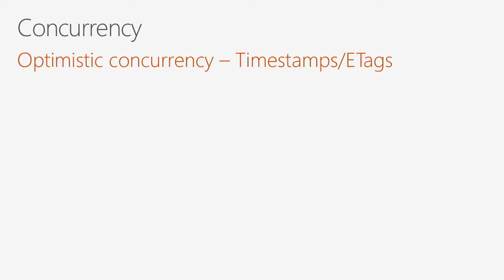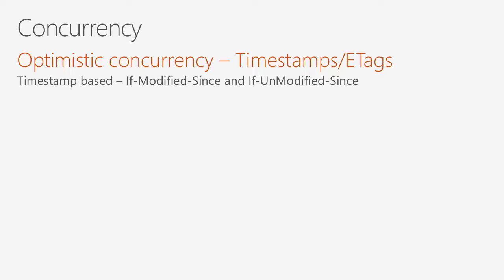And this essentially says, try to do the update, but make sure when you do the update that the file you're replacing is the version it was when you read it, so that you know nobody changed it since you read it. And so we support that pattern called optimistic concurrency, both with timestamps and e-tags. So the idea is you can use these HTTP primitives of if-modified-since or if-match on these headers, these either timestamp or e-tag based header values.